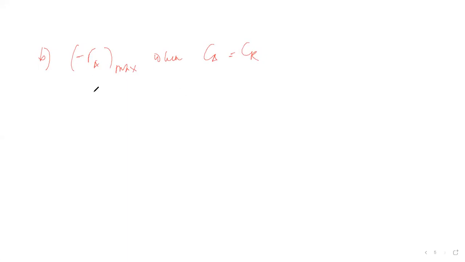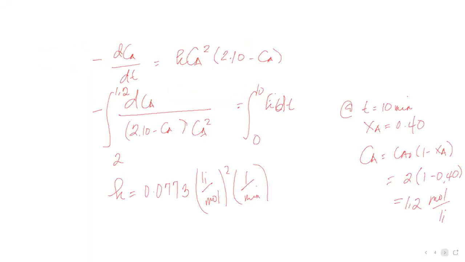Okay, I'll write here a clue so you'll be guided. So let's say I write my rate expression or my rate law. So that would be this. And what was the value of the R? 0.0773.